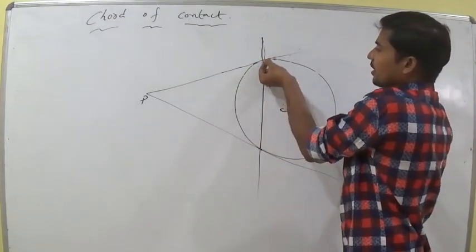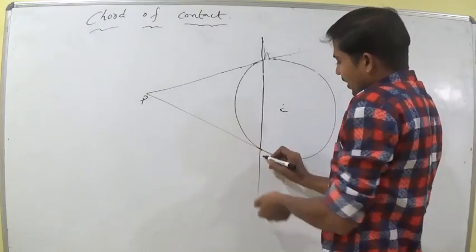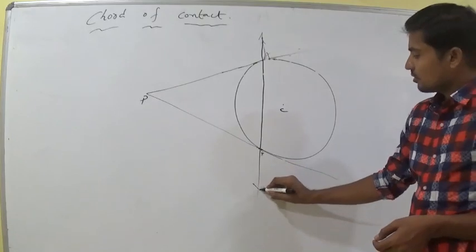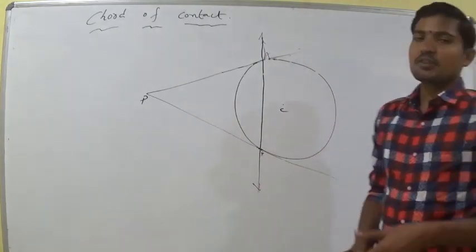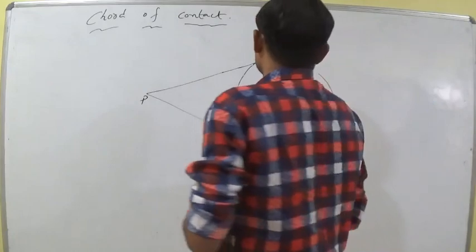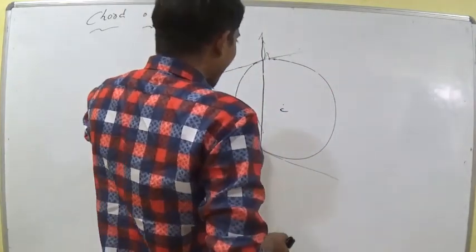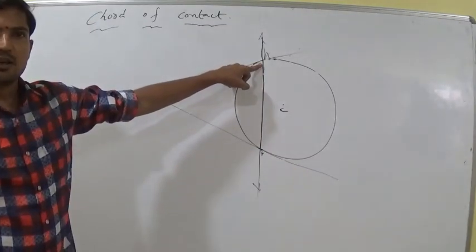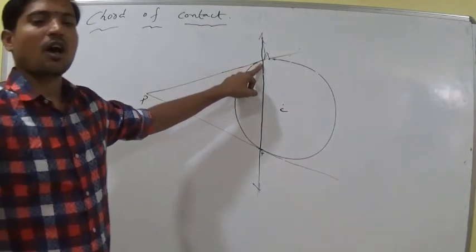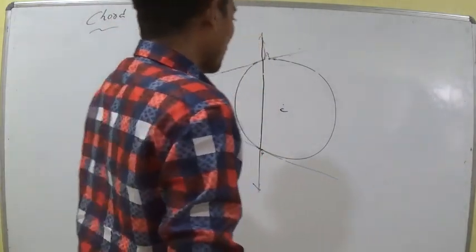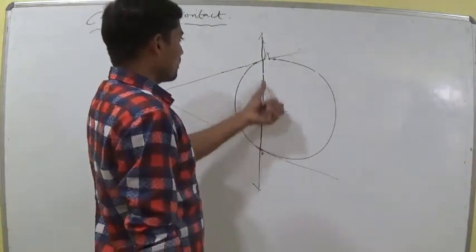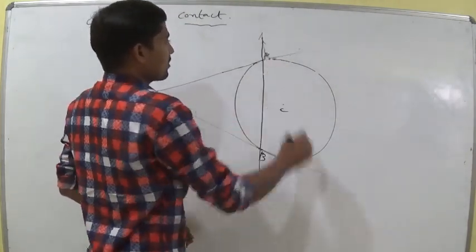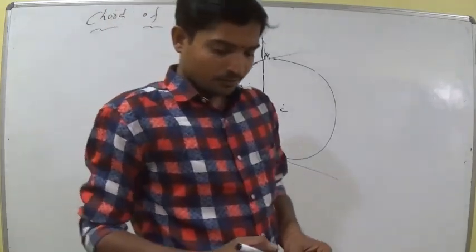The point of contact is suppose A, and the point of contact here is suppose B. The line which passes through the points of contact of the tangents is called the chord of contact. Right? So here AB is a chord of contact.